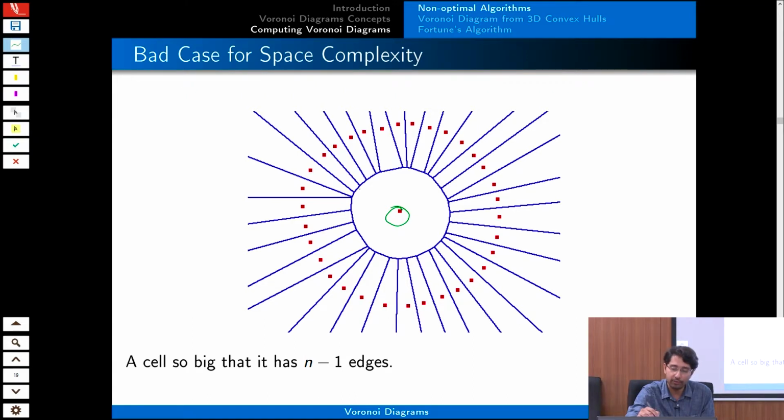So, how many vertices are there in each cell? N minus 1. So, each cell can contain n minus 1 vertices. How many cells are there? So, together they can have n square vertices in a Voronoi diagram.